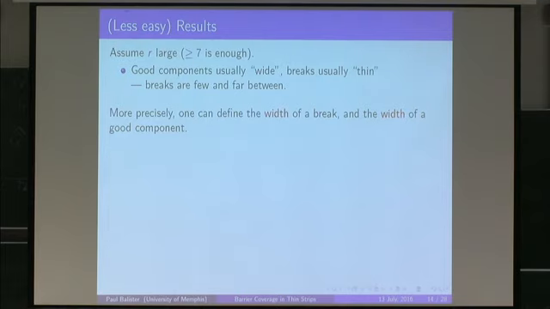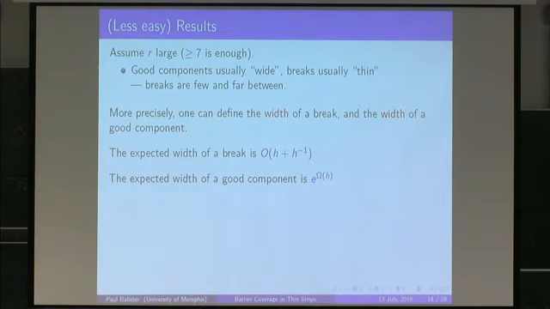What do I mean by this? Well, you have to come up with a technical definition of what a width of a break is, and a technical definition of a width of a good component, and you can do this. And then you show that the expected width of a break is basically order H, unless H is ridiculously small, in which case there's almost no vertices, in which case the gaps get big again.